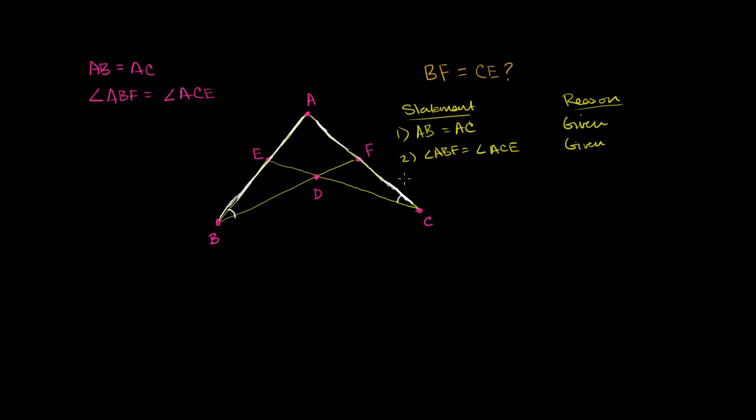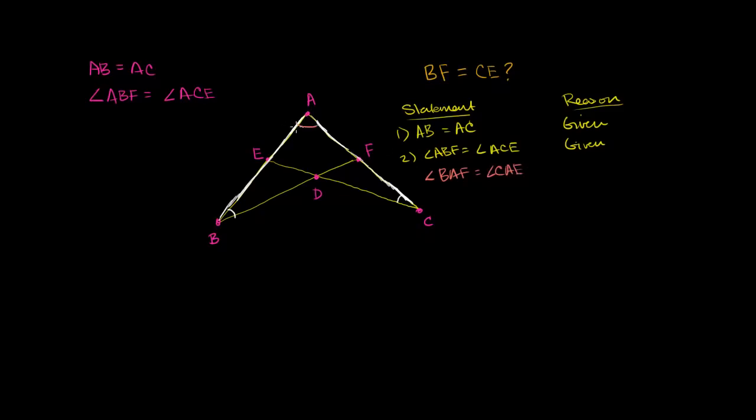So we could say angle BAF is equal to angle CAE. That makes it a little bit clearer that we're dealing with two different triangles right here, but it really is the exact same angle.